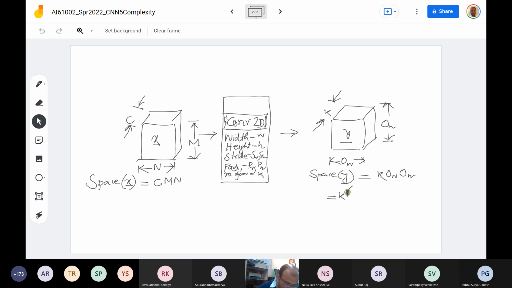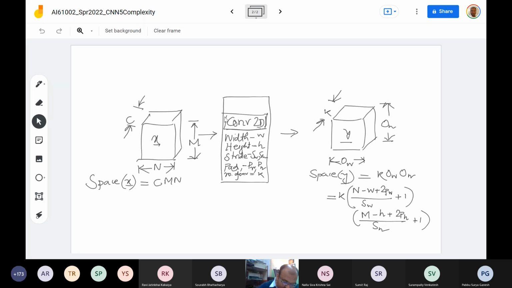OW is going to be (N minus W plus 2PW) by SW plus 1, and OH is (M minus H plus 2PH) divided by SH plus 1.